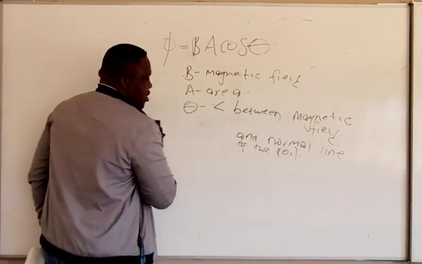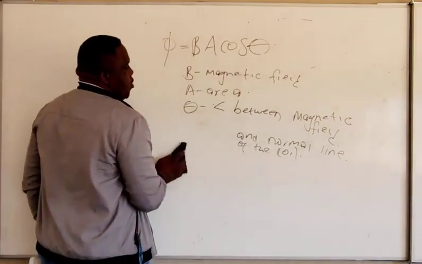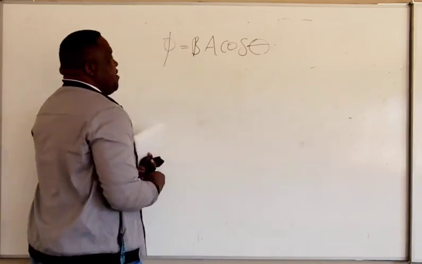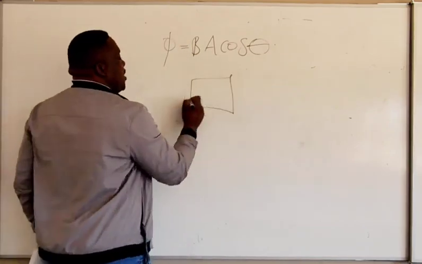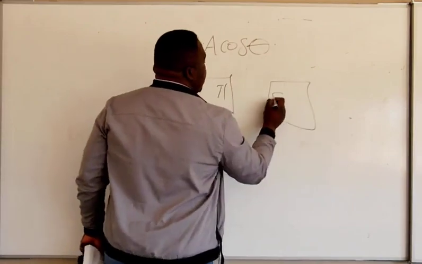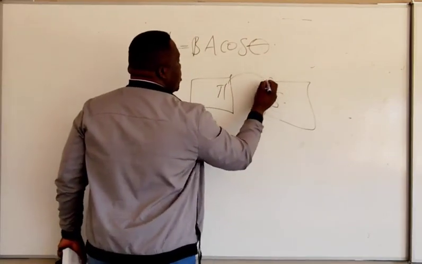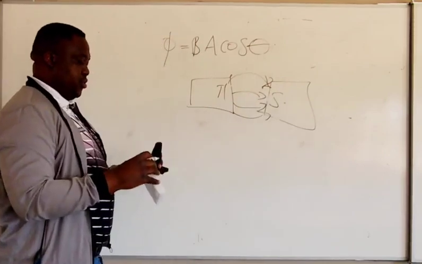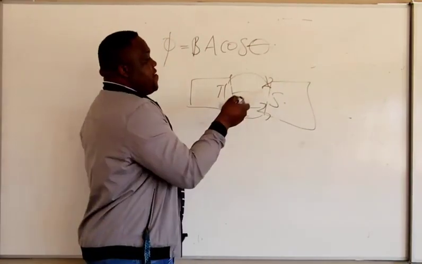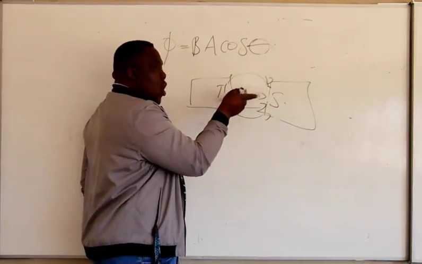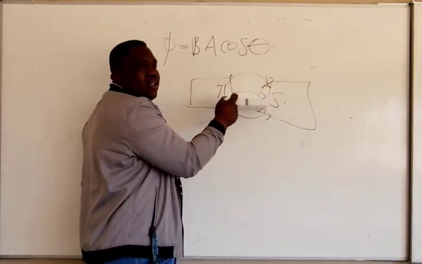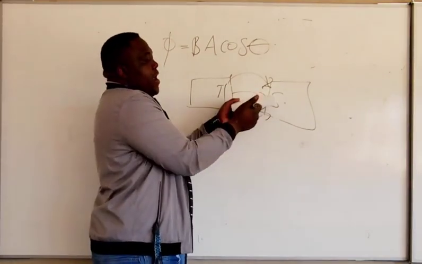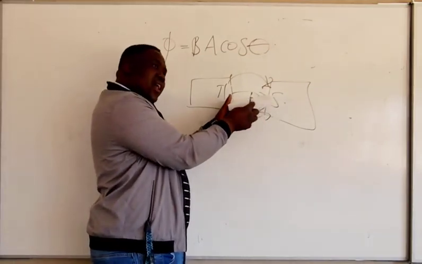So this angle theta is the one which has got the main impact. Okay. So let me explain what will happen. I was saying that we have two magnets, north and south, then we know that the field lines are going to move from north to south. If the loop, the coil, is parallel to the magnetic field line, it means that the normal line is perpendicular to the magnetic field line.